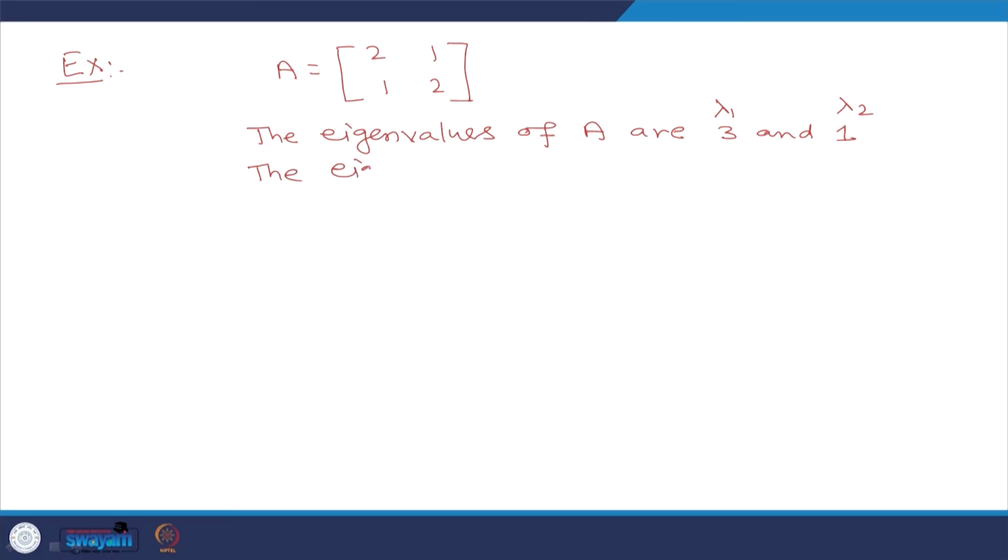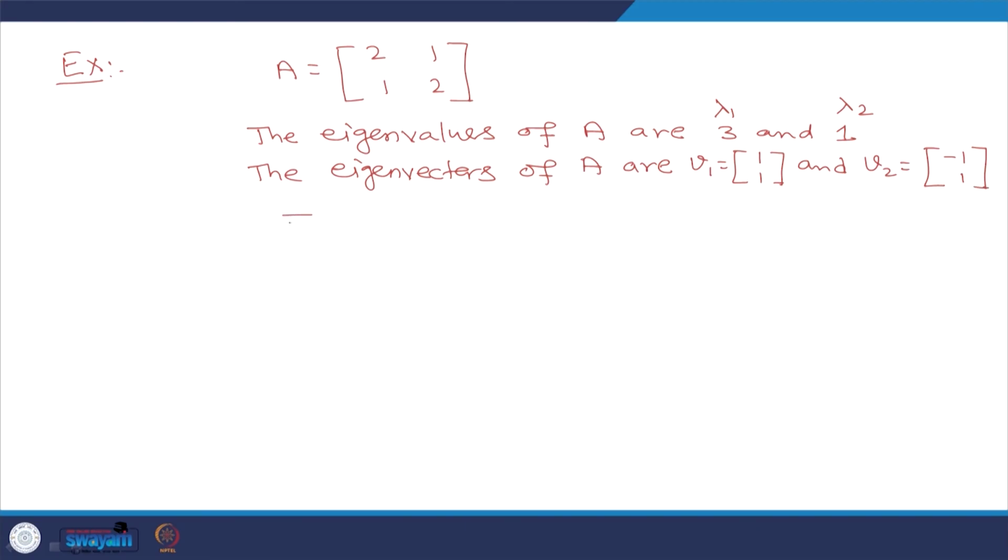The eigenvectors of A, corresponding to lambda 1, that is 3, is V1 equals (1, 1) and V2 equals (-1, 1).